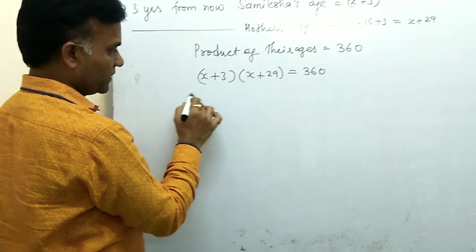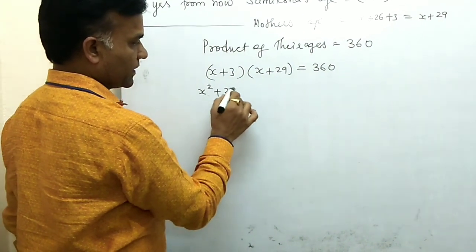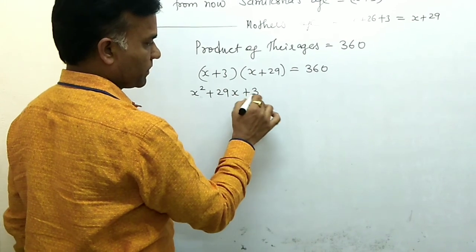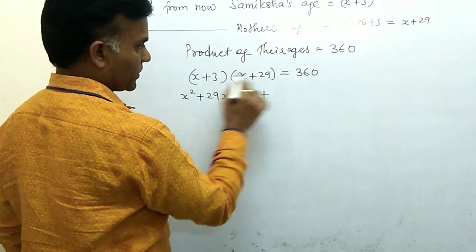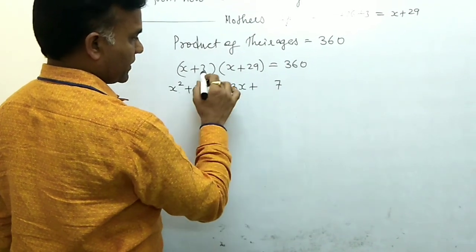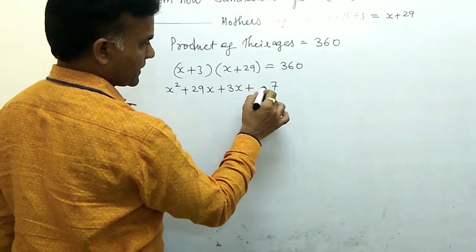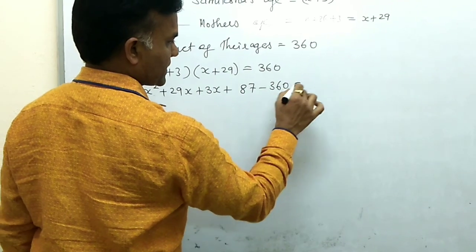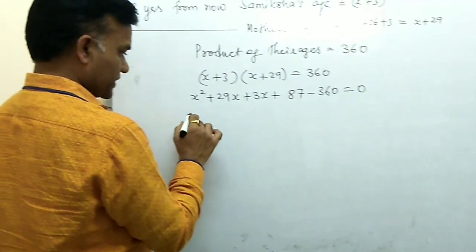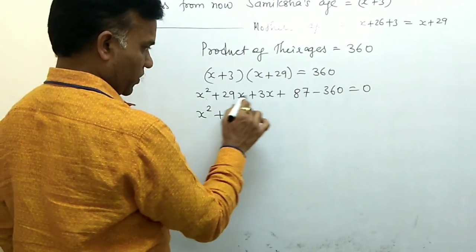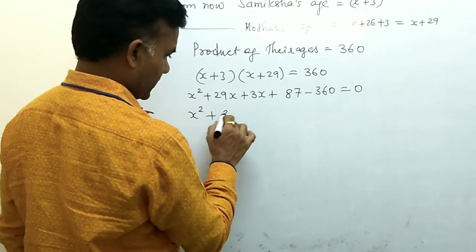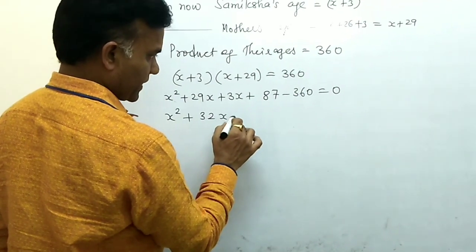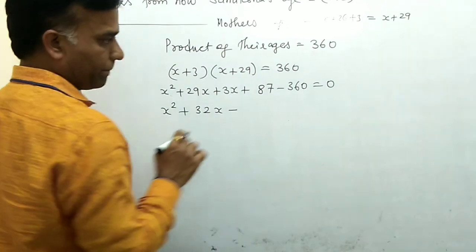Okay, so multiply both: x square plus 29x plus 3x, and now 3 9s are 27 and 3 2s are 6, plus 87, and minus 360, which is equal to 0. Okay, so x square plus 29 plus 3, that is 32x, and now we have a minus sign here.